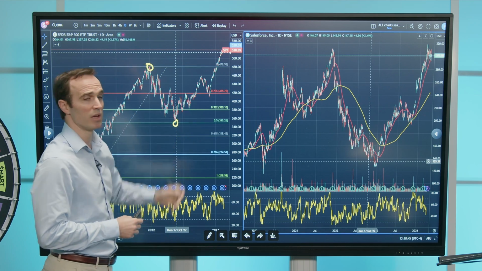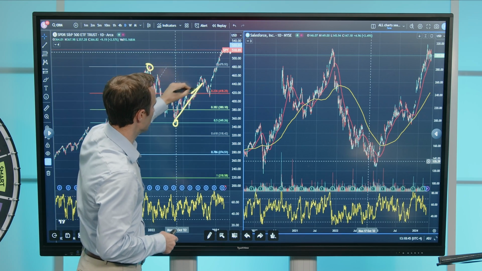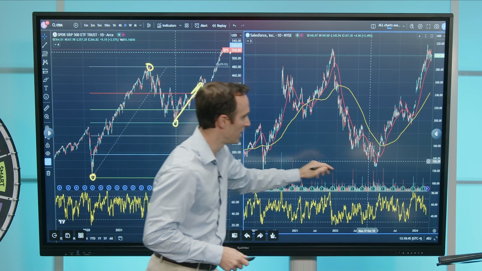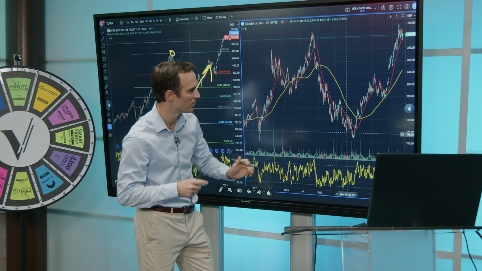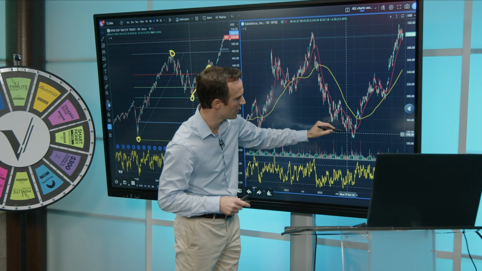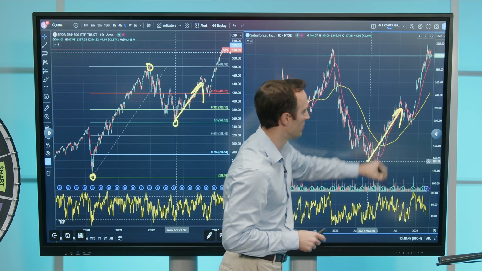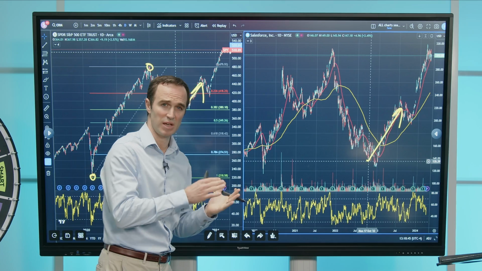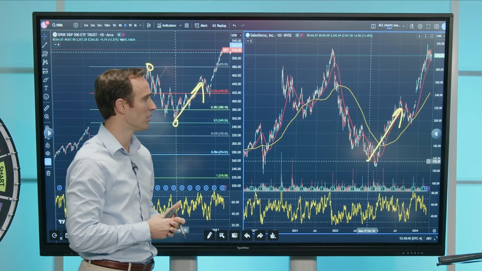That is likely the point of a bounce. And we saw here that the S&P bounced significantly at almost the same time, though it wasn't perfect. It was within maybe a week or two that the S&P and CRM bounced in tandem. And we saw the same concept on the short side being played out here on the long side.